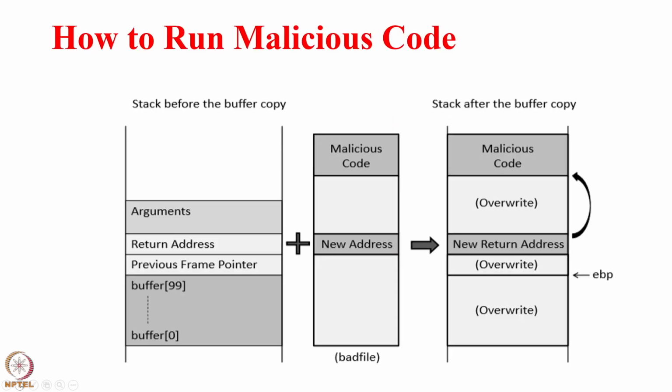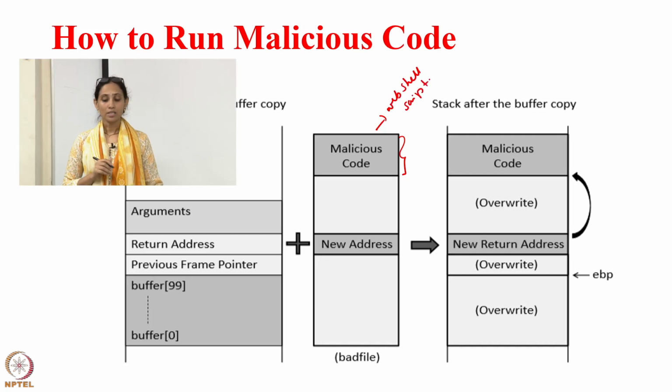So, I will show this to you in this particular case. Remember, in the example we have seen, we are reading something from a bad file, and as part of the bad file there will be some portion which will have malicious code. Often this will be the web shell script. Okay. So, this is also part of your input. In the bad file that main is reading, you will have some malicious code, and you will have this new address.